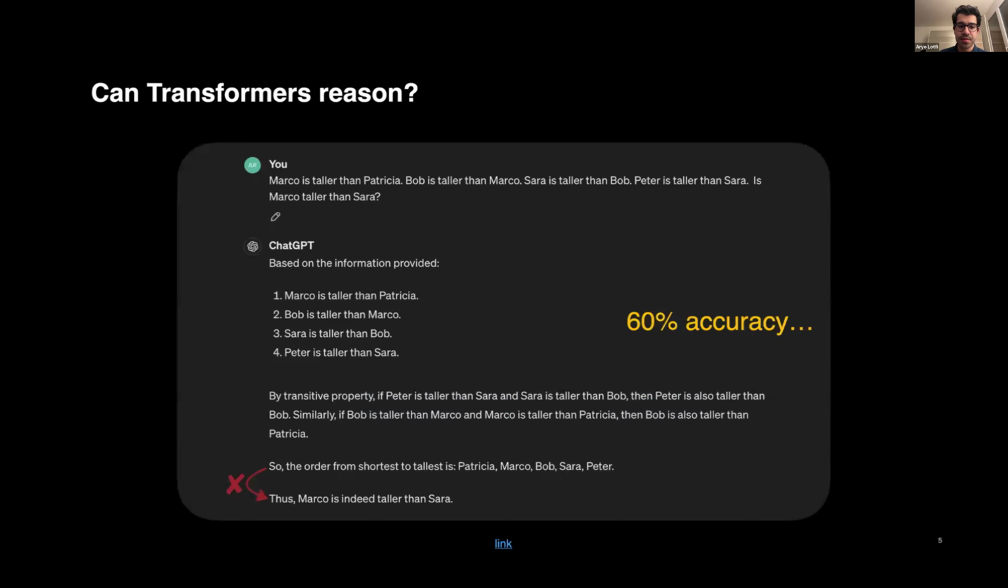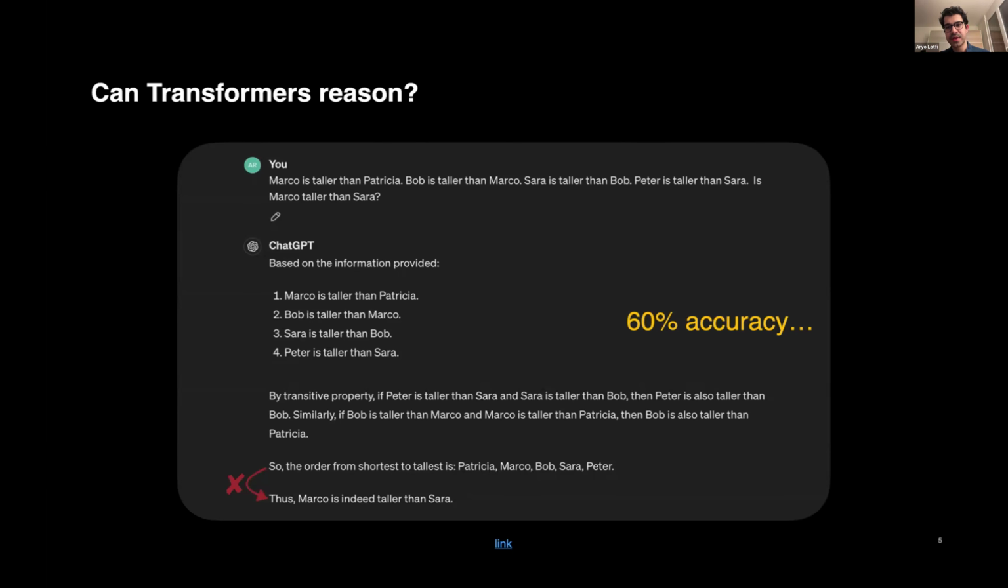We also did some simple experiments with ChatGPT. We gave it 5 people, and between these 5 people there are 4 relations, so that you can infer the complete order. Basically we say, for example, Marco is taller than Patricia, Bob is taller than Marco, and so on. We ask for the relation between two people that is just given by composing 2 of these input relations.